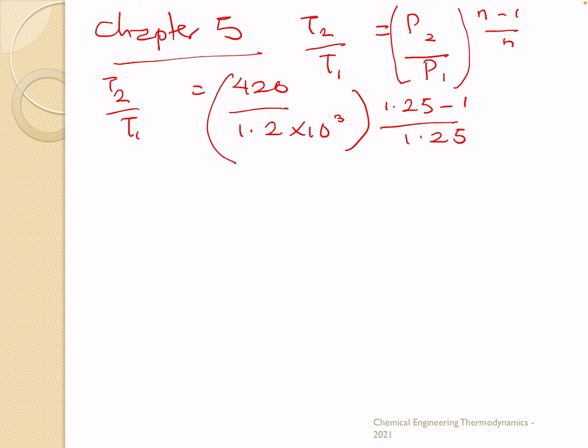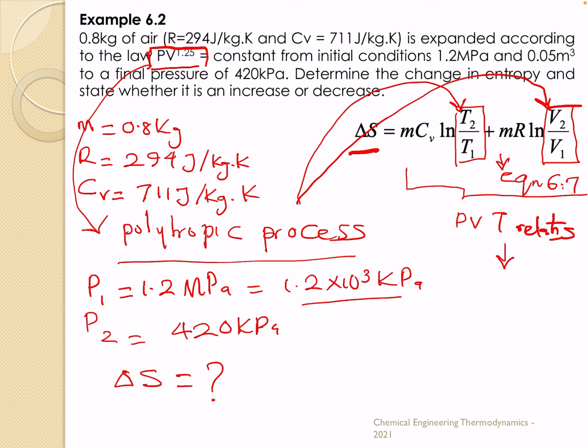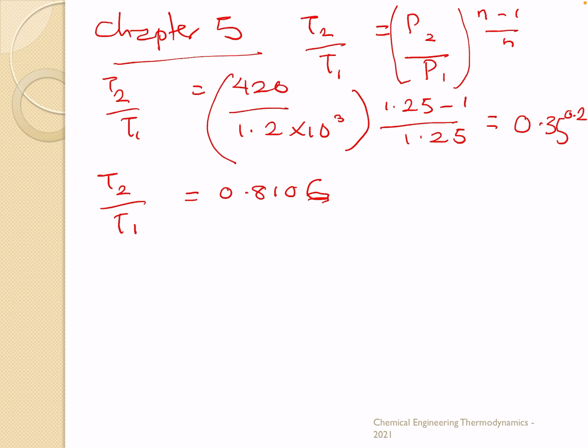If you solve that, you should end up with 0.35 raised to the power of 0.2, and that should give us T2 over T1 equals 0.8106. So now we know this, but we still need to look for V2 over V1.